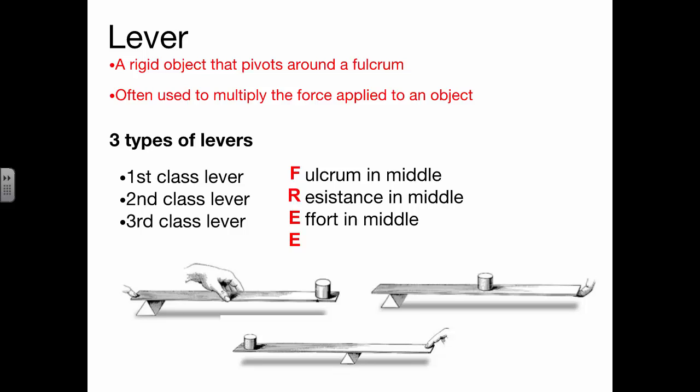I only move my hand a little amount, but I lift the object very high. The difference is I have to use a lot more force to do this. So this type, the third class, is actually not multiplying your force, but it's multiplying the distance you're lifting the object. I could lift this object very high, even without lifting my hand very high.